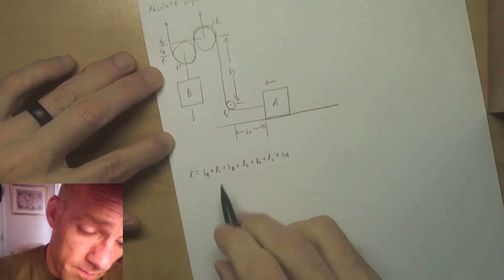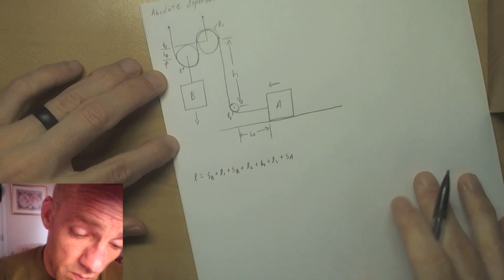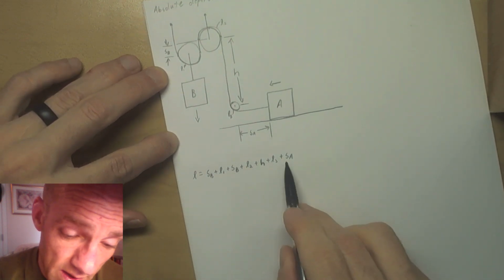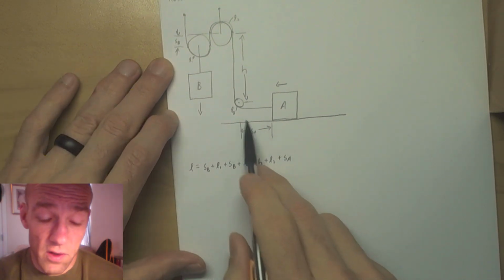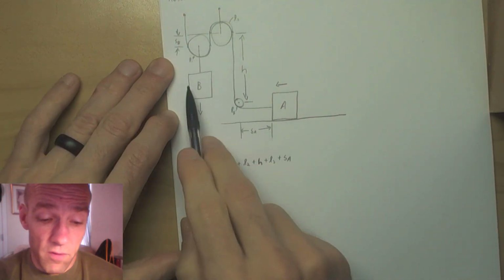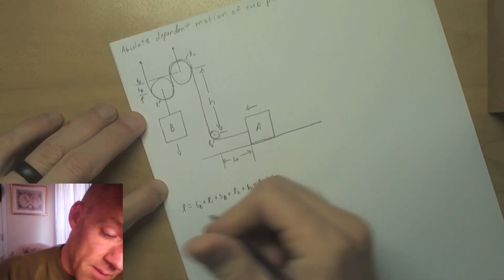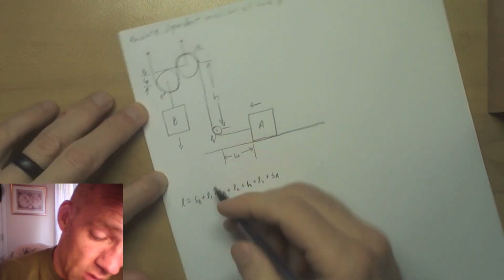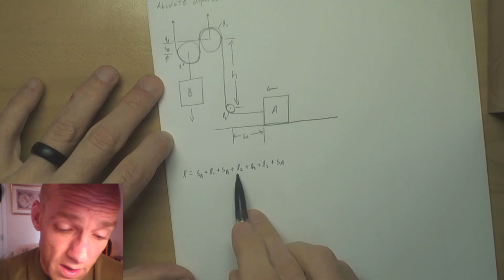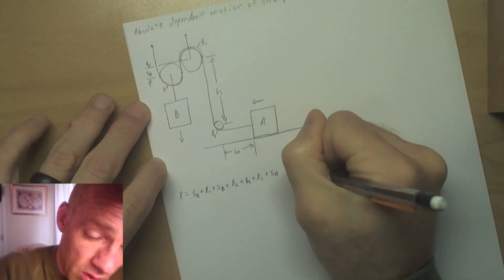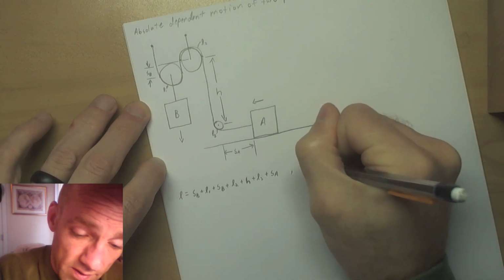The parameters that we're interested in are SB and SA. We're actually interested in the motion of the two masses here, so we can combine everything else, and they're all constant. L1, L2, H, and L3 are all constant.